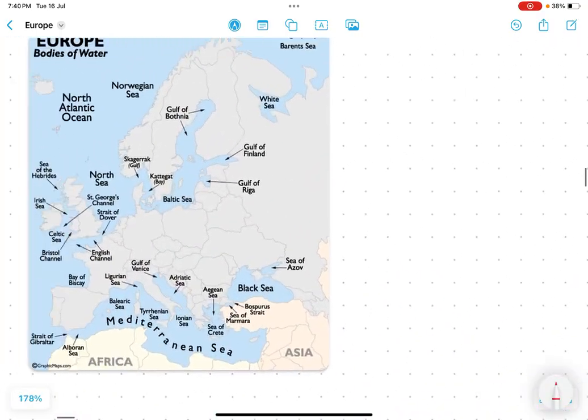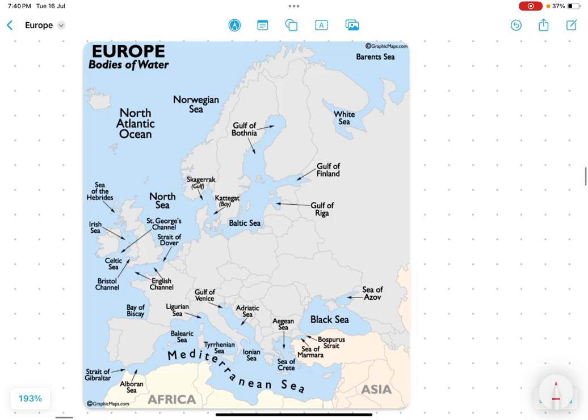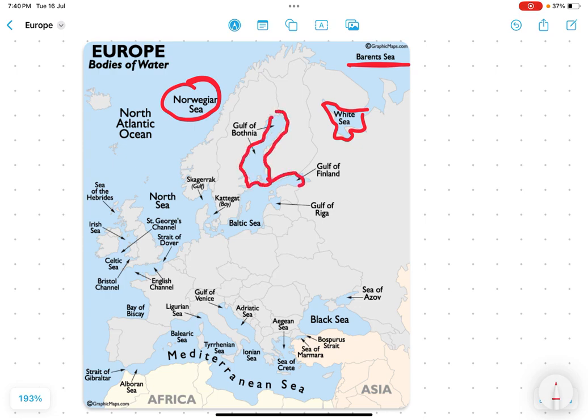First of all, let's see some of the bodies of water, right? So we have the Barents Sea at the top, White Sea, Norwegian Sea, Gulf of Bothnia, this region, Gulf of Finland, this is Gulf of Riga, this is the Baltic Sea, right?